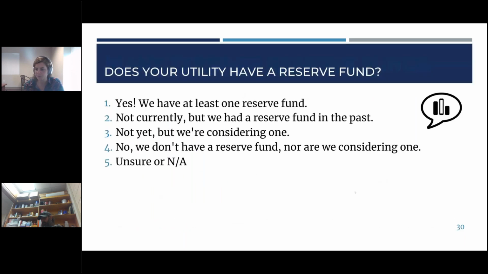All right, so another poll question for y'all. Does your utility currently have a reserve fund? All right, I'm launching it now. Give y'all about another minute.